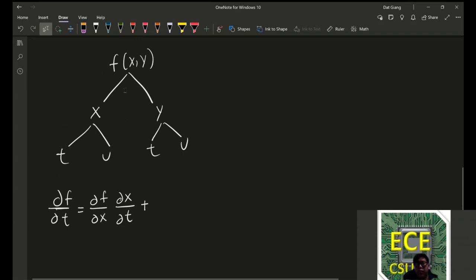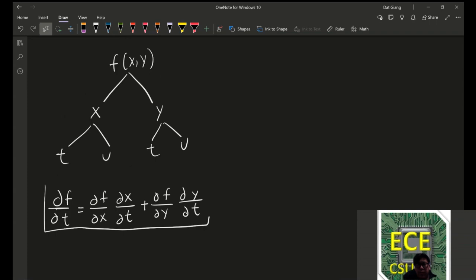Here we have one more branch. So we have the partial derivative of f with respect to y, and the partial derivative of y with respect to t. And from here, we construct a chain rule representation for this specific tree branch.